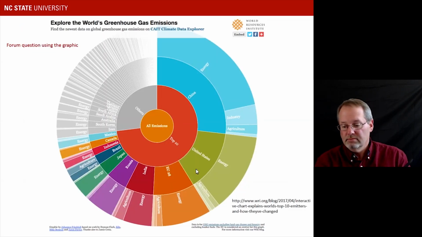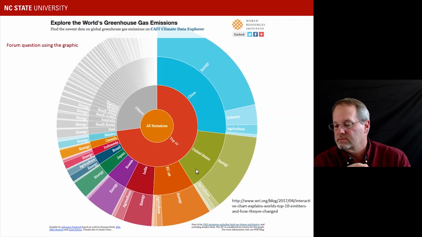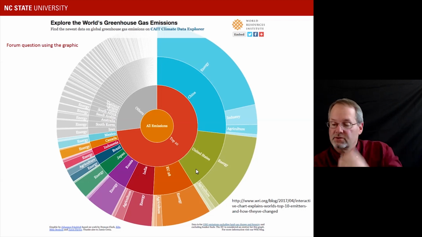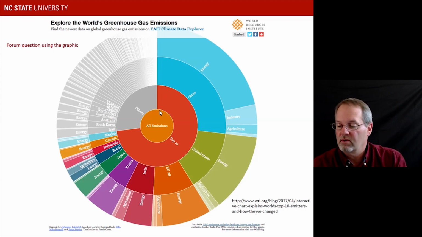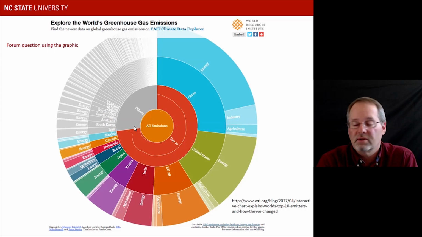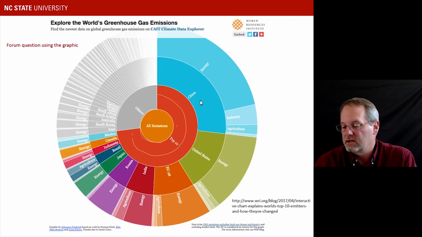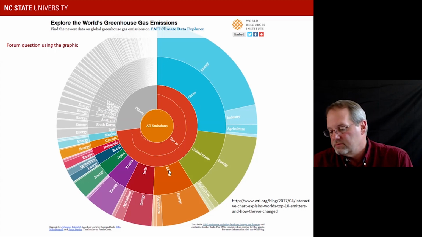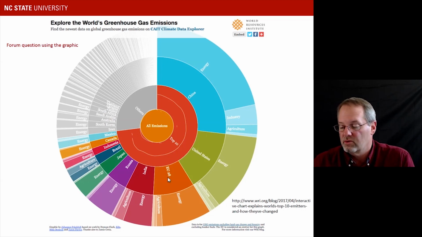Okay, so if we look at who's doing what, we're going to see the top 10 countries. All of the emissions are in this circle right here, and the top 10 countries are producing about 75% of all the emissions. You can see China, United States, the European group of countries, India, Russia, Japan, Brazil.